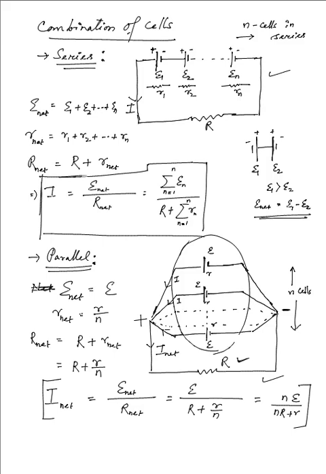As I said, for different EMFs and internal resistances, we'll be considering that after we have studied Kirchhoff's law, which will be much easier to understand. And the next part carries the mixed grouping of cells, which is to be followed in the upcoming video, where we'll be discussing the condition for maximum current.